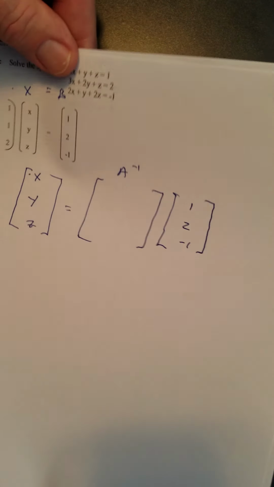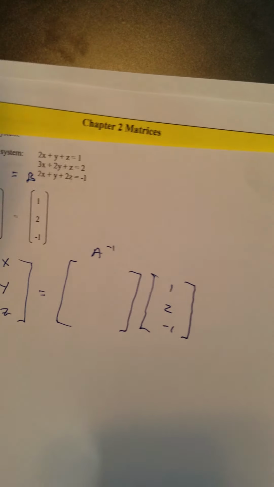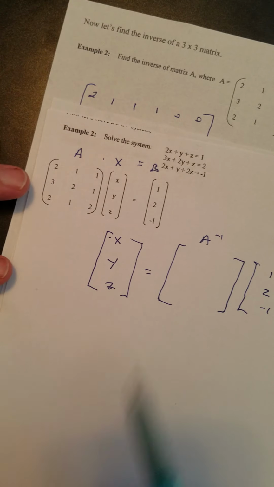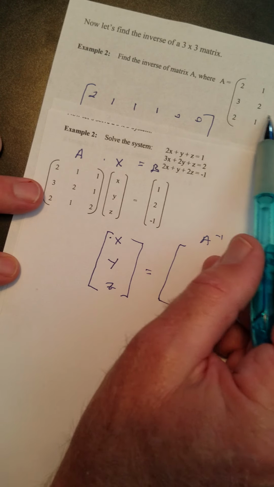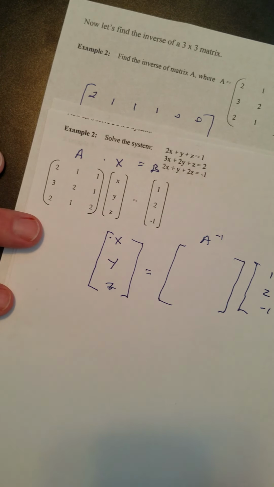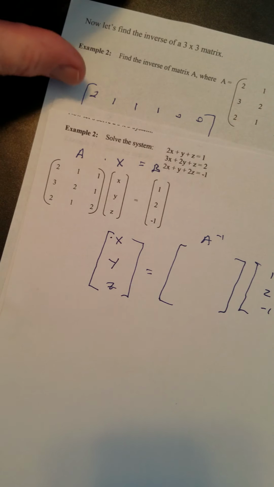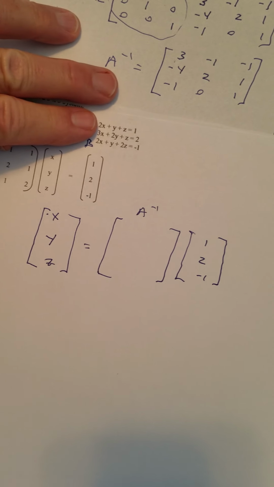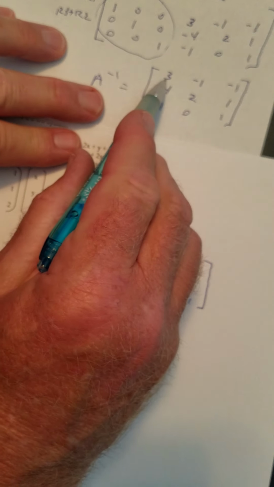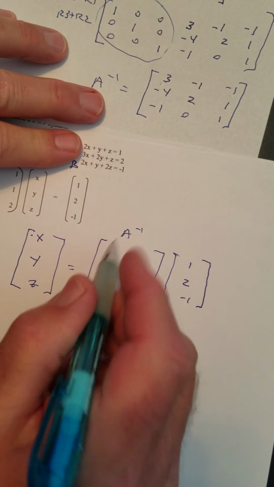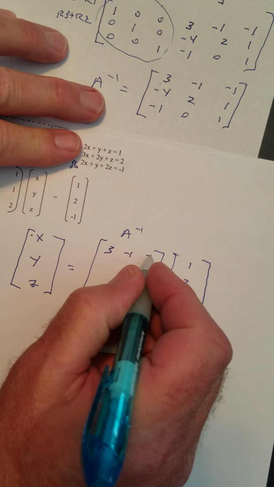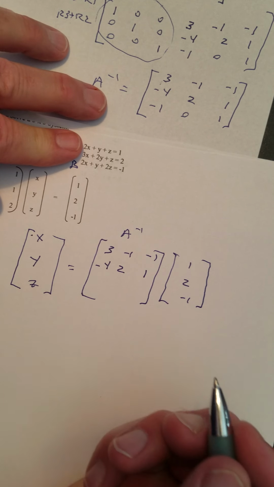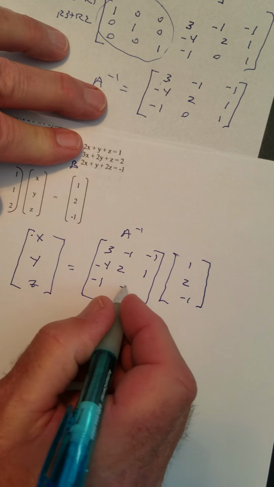Except, if you'll notice, what I did on the other page, if you'll notice the numbers I had here, 211, 321, and 212, I already found the inverse on that other example. So all I have to do is take and copy my numbers. It's 3, negative 1, negative 1, negative 4, 2, 1, negative 1, 0, 1.